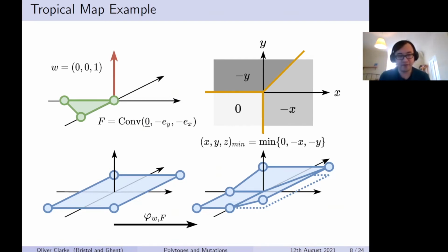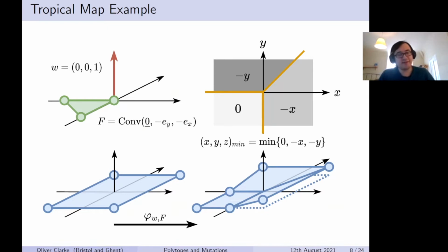And in some way, this is what tropical maps look like in general. You divide your space into different regions, and the tropical map is going to shear each of those regions in the same direction, but perhaps by different amounts. Okay. So this is what a tropical map is, and this is what combinatorial mutation is for me.